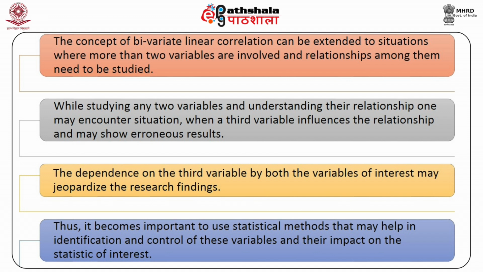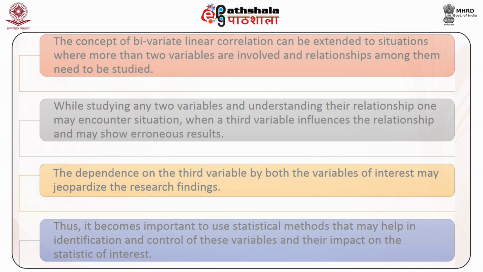The dependence on the third variable by both the variables of interest may jeopardize the research findings. Thus, it becomes important to use statistical methods that may help in identification and control of these variables and their impact on the statistic of interest.